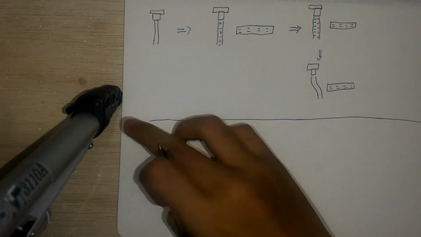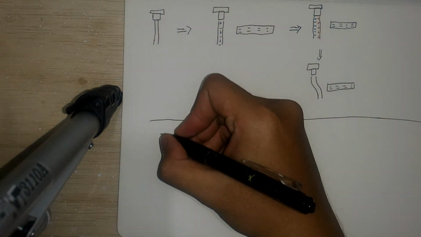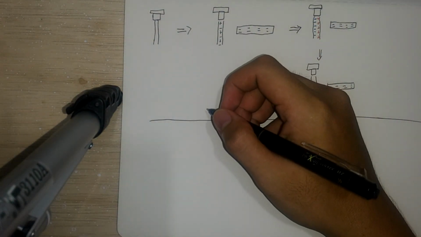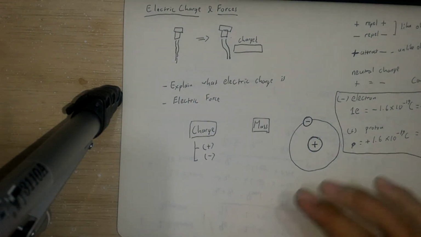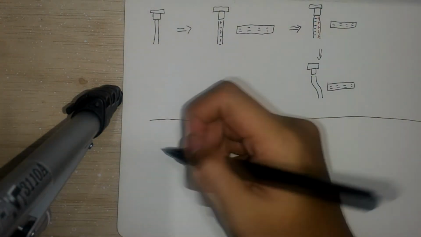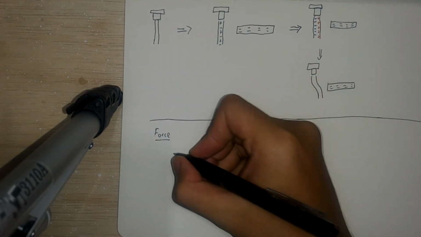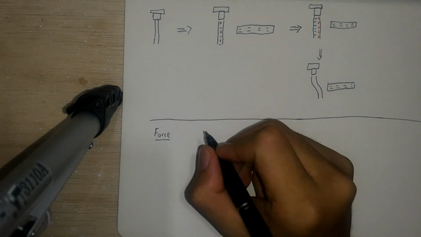So earlier we learned that like charged objects, positive and positive or negative and negative, will repel each other, and unlike charged objects will attract each other. Since there is repulsion or attraction, there must be what is called force. So Coulomb said that between two charges there is a force.